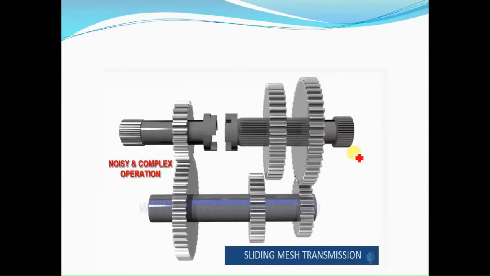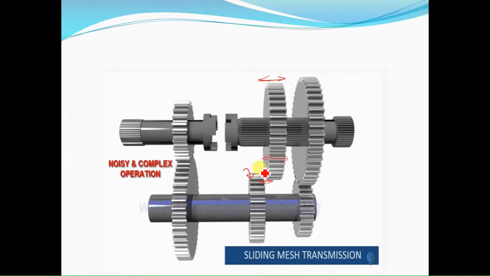Now in this power transmission, when the spline shaft gear is to be meshed with the counter shaft gear, a large amount of noise is generated, because the gear teeth mesh with each other with a sound. This engagement of the gear from the spline shaft to the counter shaft requires a certain arrangement through which the shaft is moved, and this arrangement creates very large noise.